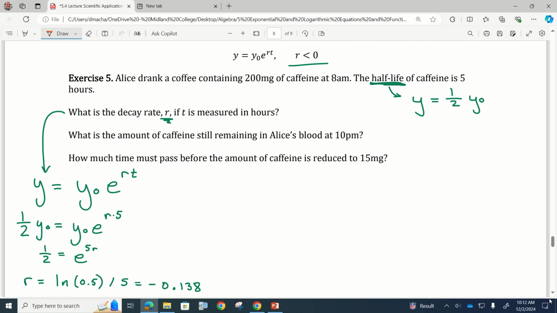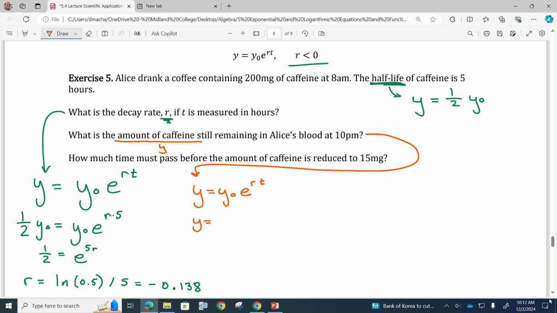Next question. What is the amount of caffeine still remaining at 10 p.m.? So this time I'm looking for the current amount. I'm looking for y. The initial amount is 200 milligrams times e to the power rt.